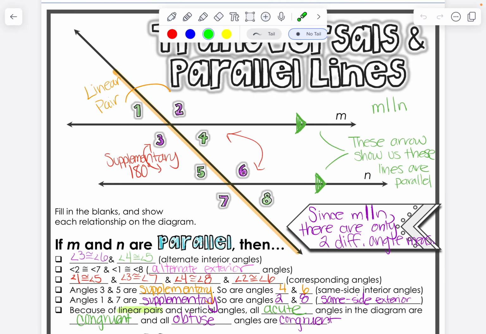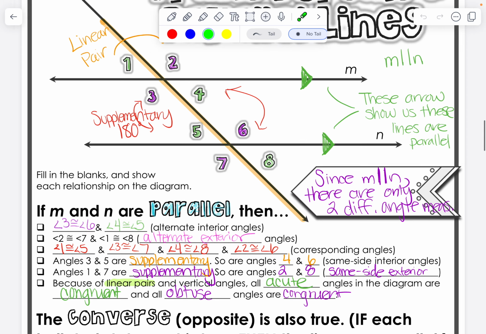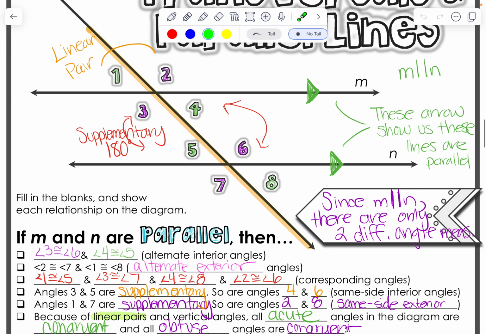Because M and N are parallel lines, those alternate interior angles are now congruent. You can see we wrote angle 3 is congruent to angle 6. This is the symbol for congruent. Angle 4 is congruent to angle 5.